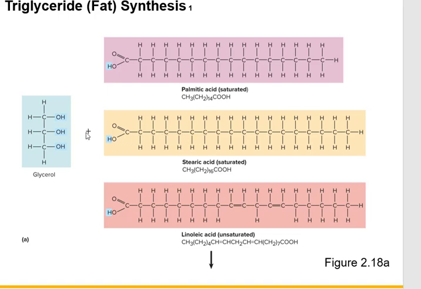And here's another fatty acid, and I'm going to do the same dehydration synthesis, and I'm going to end up with half of a sugar and 3 fatty acids hanging off of it. So a triglyceride is 3 fats attached to half of a sugar molecule.